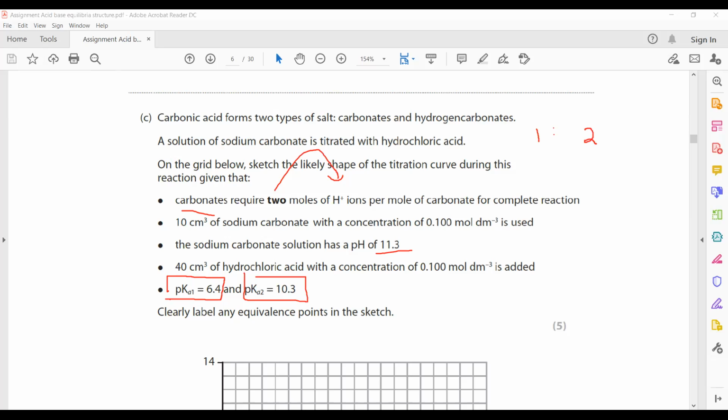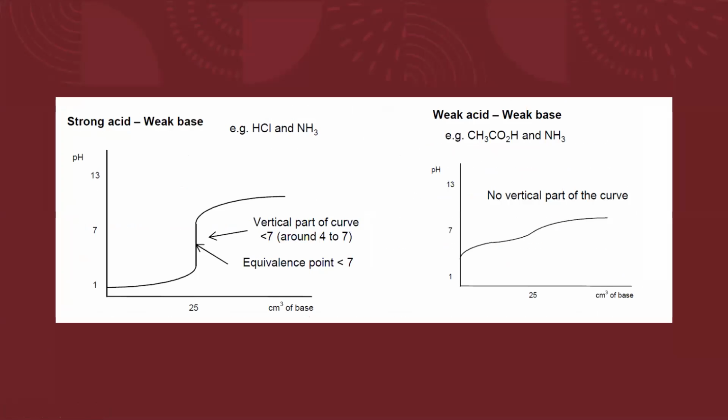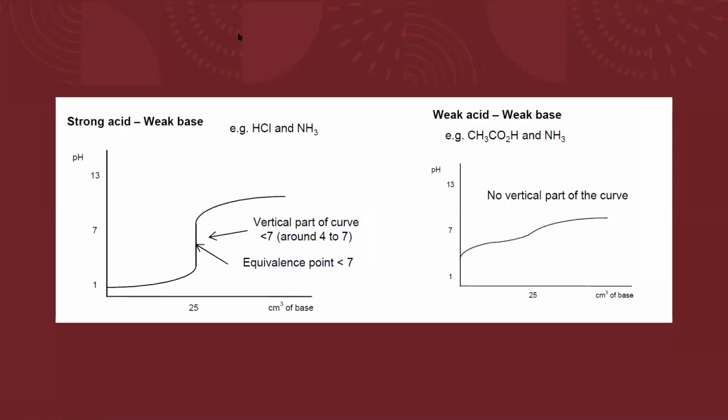So when you check the vertical part for a titration curve, this is a weak base and strong acid, and the vertical part is from 4 to 7.